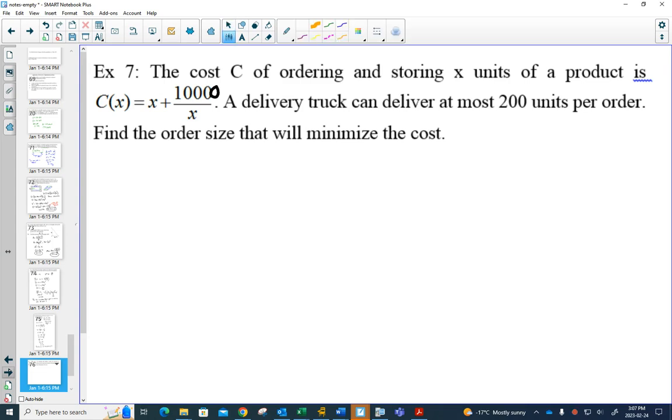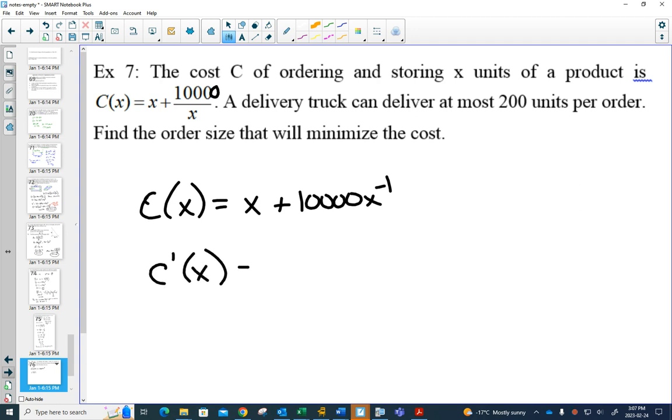So we've got our cost equation. It's really nice that it's already there. I'm going to take a moment before I find the derivative and just change it to a nice form, so that when I find my derivative, it's easy. So I set my derivative to 0.